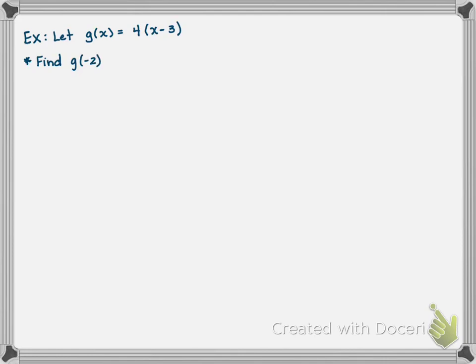So to find g of -2, all that's saying is apply the rule to an input of -2. So we have g of -2 equals 4 times -2 minus 3. So g of -2 equals, what is that, like -20.